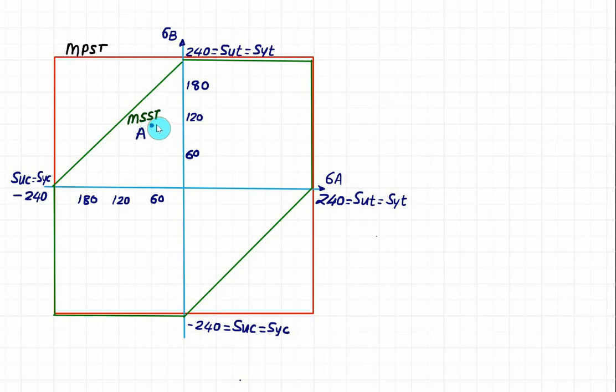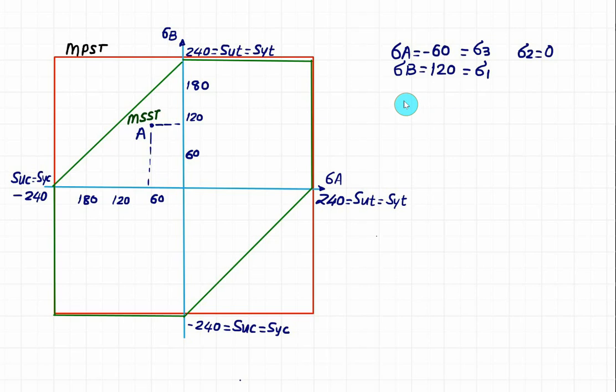Sigma A is equal to minus 60 and sigma B is equal to plus 120. The higher value will be assigned to principal stress 1 and the least value to sigma 3. Then the value of sigma 2 we take equal to 0.